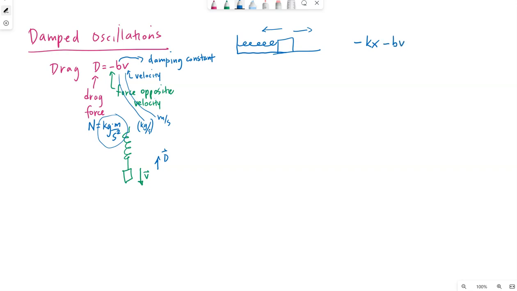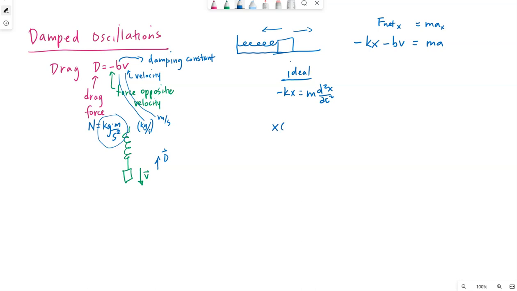But if we're also going to account for this drag force, the net force in the x direction will be the force from the spring plus the force of drag, and that net force has to equal mass times acceleration in the x direction. In the ideal situation, B would be 0, meaning no damping, and then that's where we had the relationship of this spring force causing the acceleration, but we know acceleration is the second derivative of the position as a function of time.